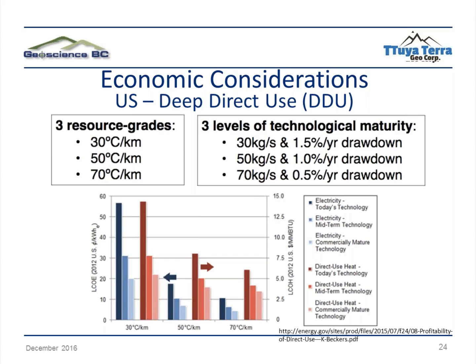And a demonstration project that is going ahead is at Cornell University, and essentially they are going to be evaluating the economic viability of deep direct use. So essentially it's the same idea, utilizing a geothermal resource, but drilling deeper than you normally would. Ideally you would be drilling 1 or 2 or 3 kilometers deep.